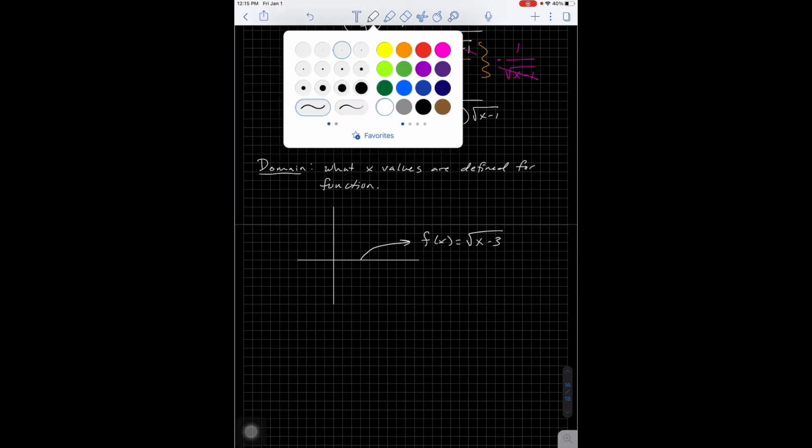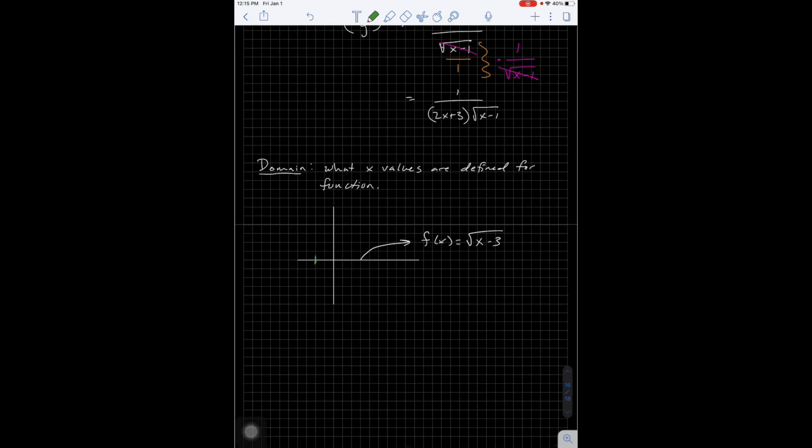I have x values over here that actually are not part of the function. I can't go up or down and hit the function. What that looks like algebraically is I cannot take -2 and plug it in here because I get the square root of -5, and that is an imaginary number. So the domain on this function is restricted.